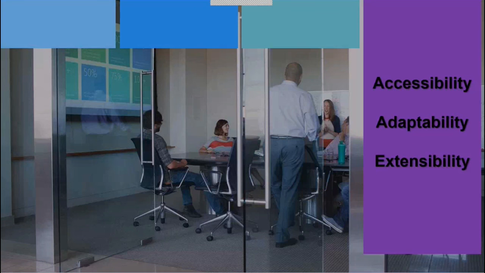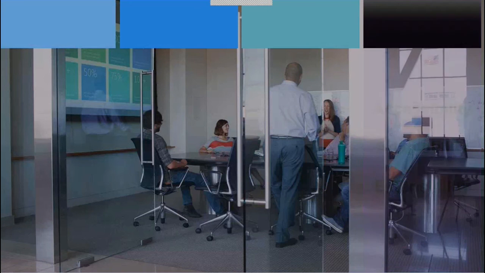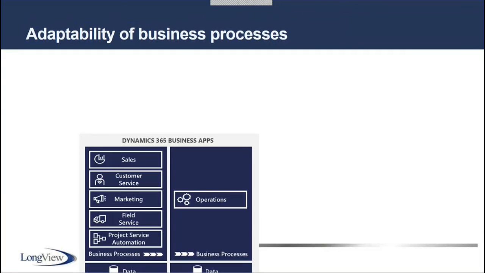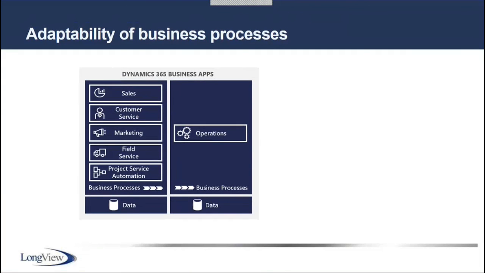And lastly, the adaptability of business processes. One of the great things the common data model and common data service is going to give us is the ability to adapt and change things as we go. Right now we have our Dynamics business apps.